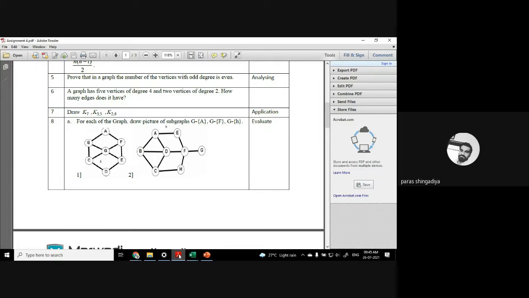Have you done it? Any query, any confusion in any of the graphs? Krishna, Harshit, Ishan, Nikhil, Raj, Mohammed.